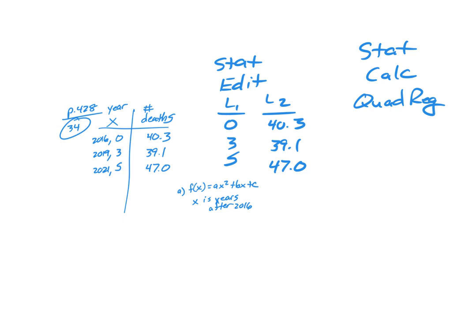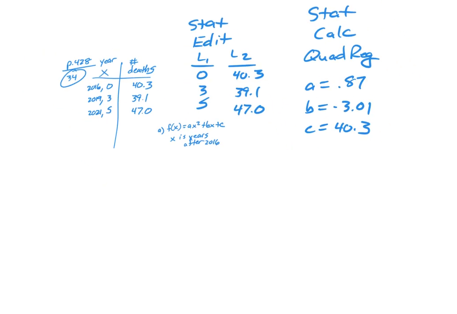And some of you are going to have to go down to calculate. And it gives you an A value, a B value, and a C value. Okay, so that's your A value, B value, C value.